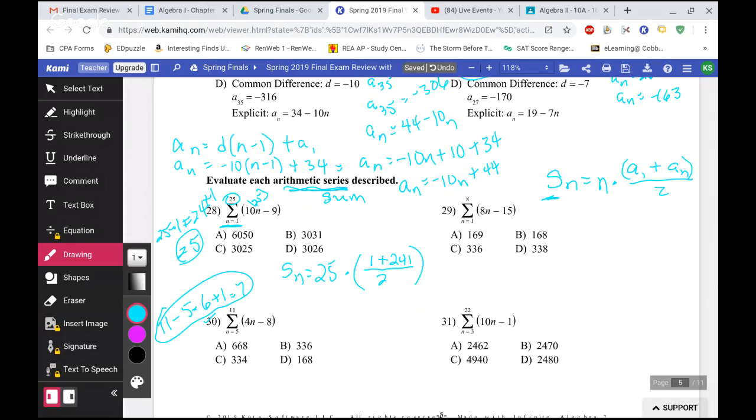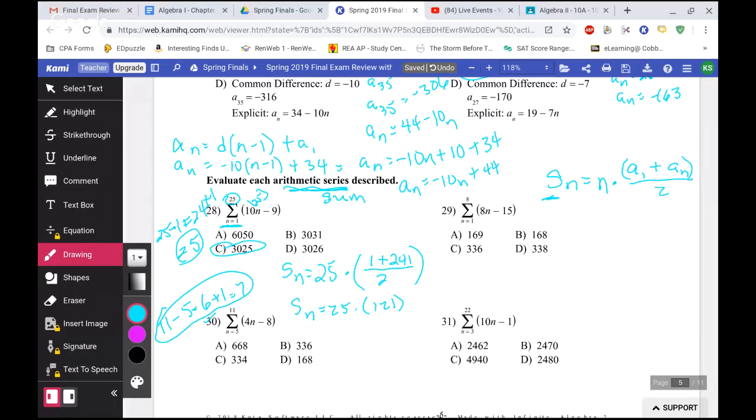And 242 divided by 2 is 121. So my final answer should be C. The rest of it's just calculator work once you get everything filled out.